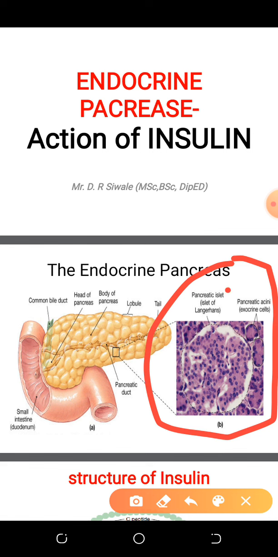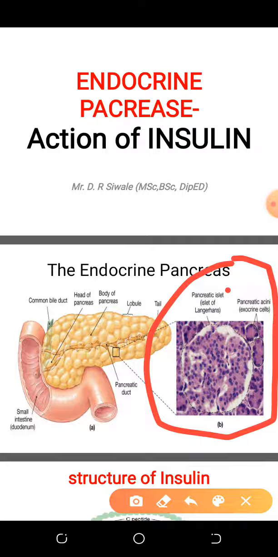There are even other cells and other hormones produced by this pancreas. We have glucagon, pancreatic polypeptide, we have insulin itself, and there's this fourth hormone which is called somatostatin.